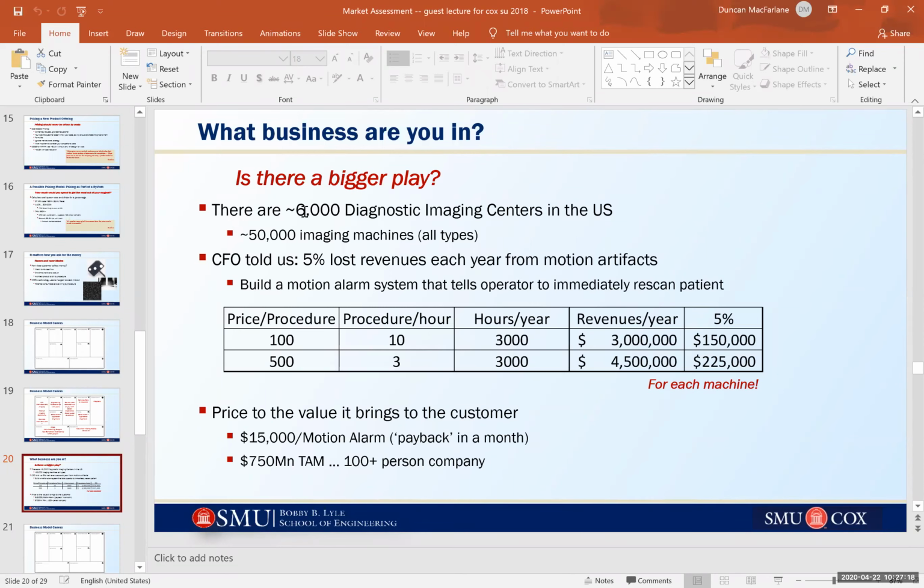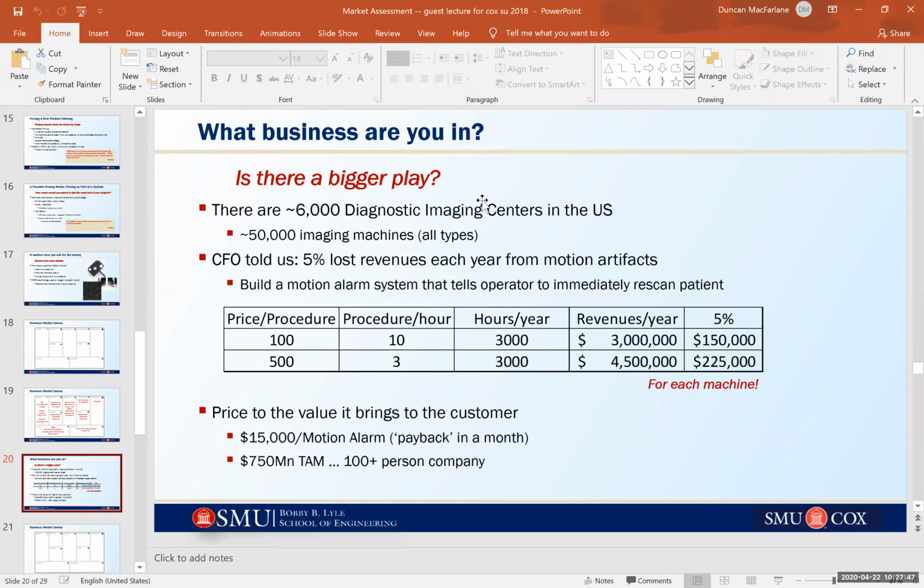Look at all of the medical imaging, and there you have 50,000 imaging machines. So a market that's 25 times bigger than what we had before, and they're clumped together in a nice focused 6,000 buildings around the U.S.